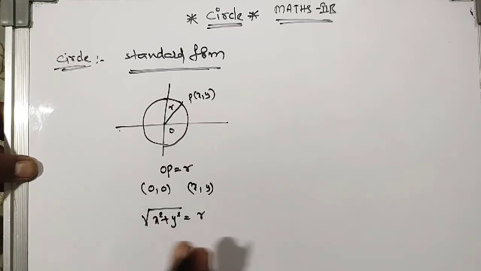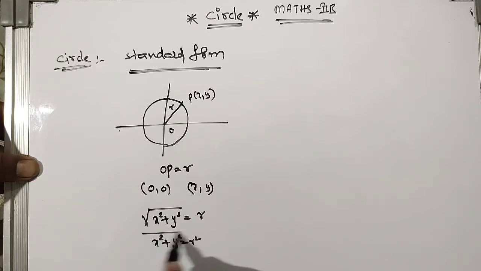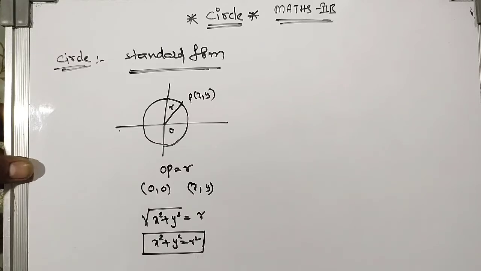Now apply the square on both sides, then it becomes x square plus y square is equal to R square. This is the standard equation or standard form of the circle: x square plus y square is equal to R square.